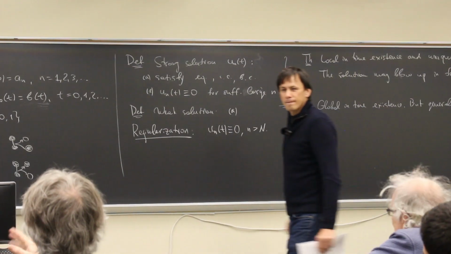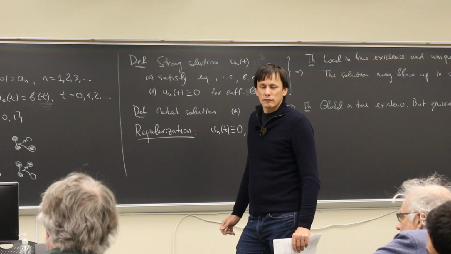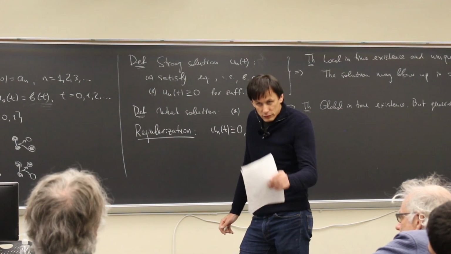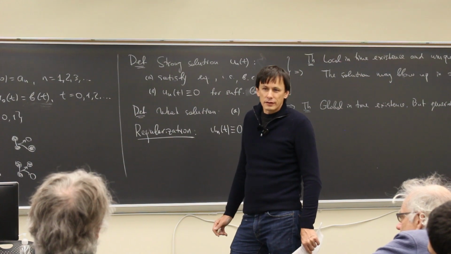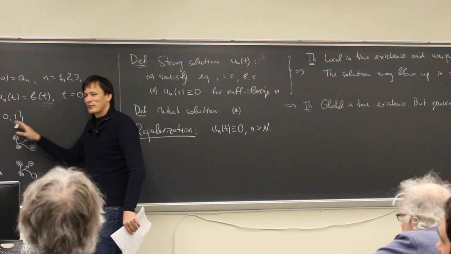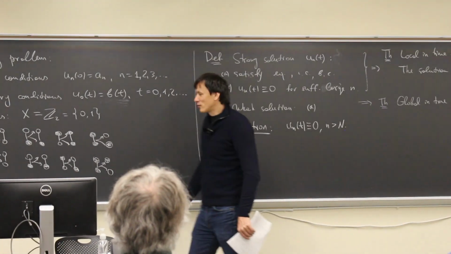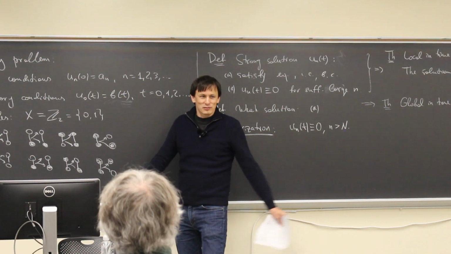If you had real numbers here instead of just 0 and 1, you could ask that these go to 0 exponentially fast. Exactly, and that would be smooth. But in that example, it's just 0. You cannot make it smooth.